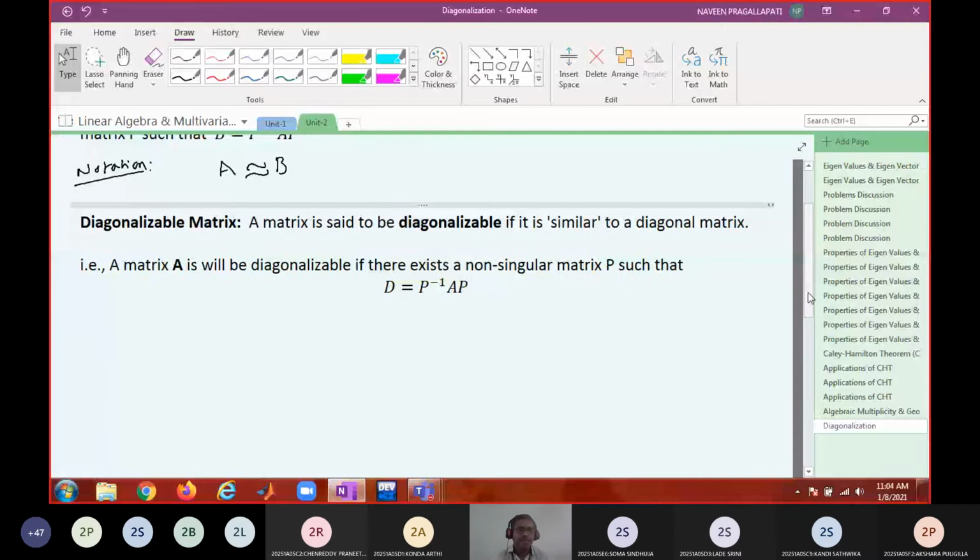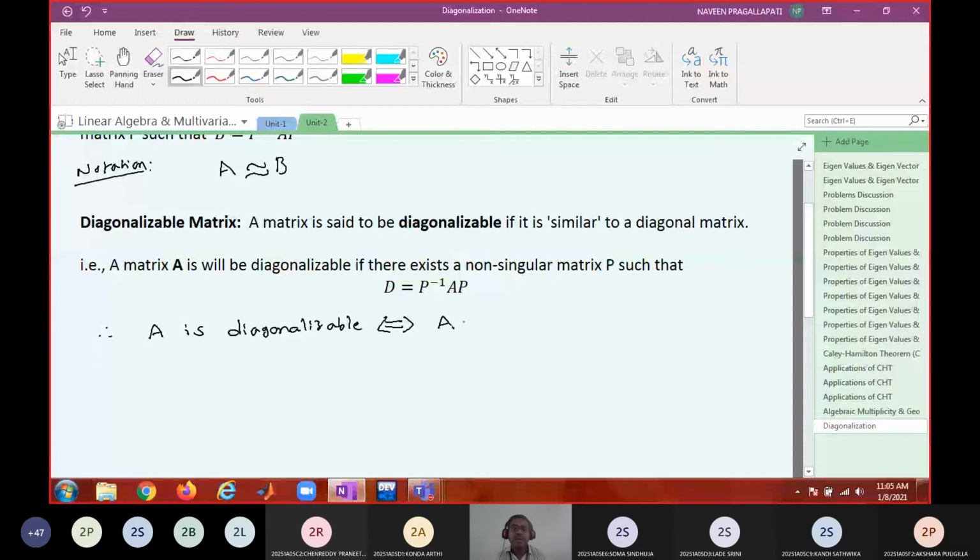So A is diagonalizable if and only if A is similar to a diagonal matrix, that is, if and only if P inverse AP equal to D for some non-singular matrix P.